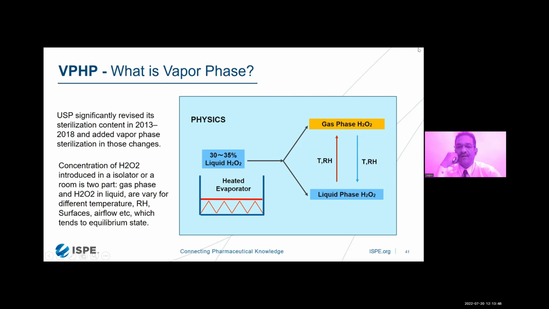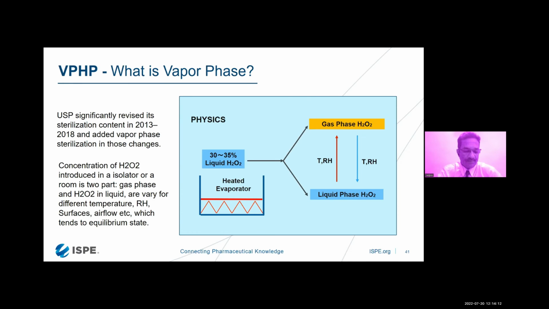But in terms of the application, vapor hydrogen peroxide is easily available and less toxic. Finally, it leaves no residue. It basically gets converted into water and oxygen. So it is widely used in the sterile isolators for doing the sanitization of the isolators.